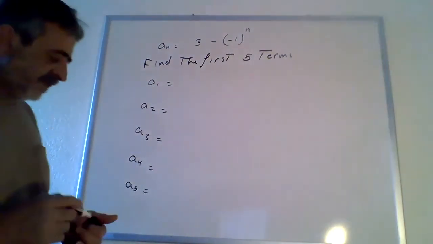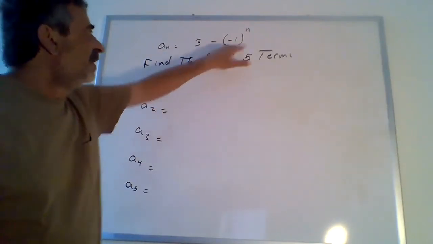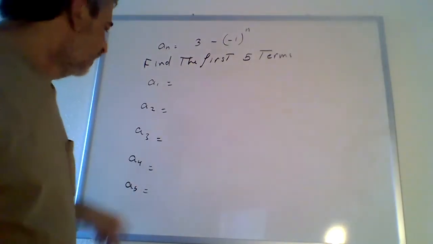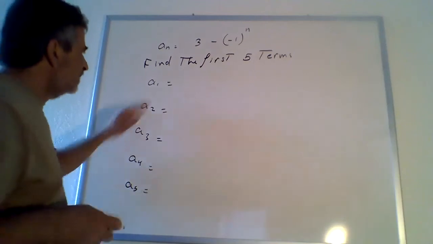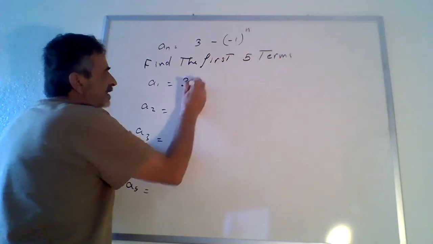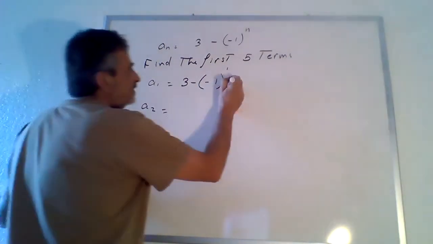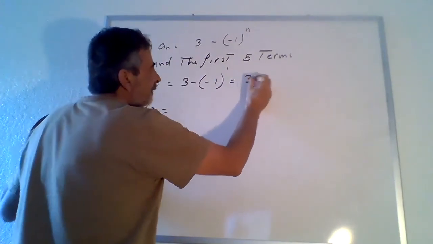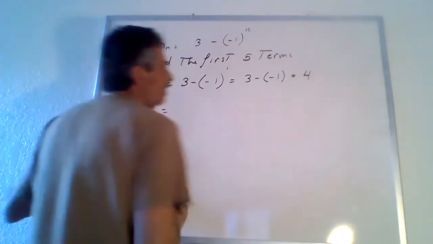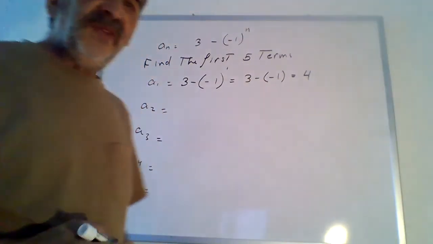To find the terms of the sequence, again, we take the nth term, which is given, and every time we see n in that equation, we replace it by whatever number we're looking for. In this case, I'm looking for A1, so I take that equation, 3 minus (-1) to the power 1. That is equal to 3 minus (-1), which is equal to 4, since a double negative makes a positive.